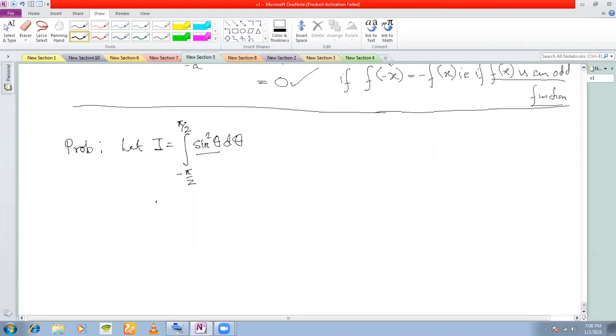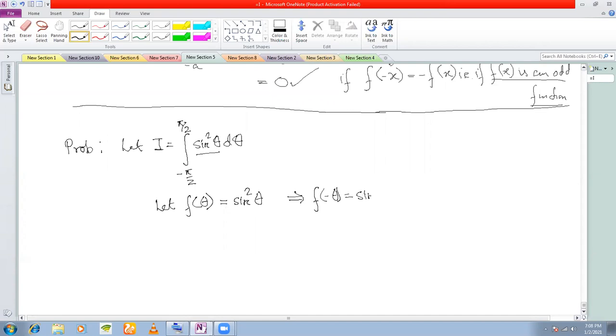Since sine square theta is a function in theta, let f(theta) be equal to sine square theta. Now let us check whether sine square theta is an even function or an odd function. So I take f(-theta). What is f(-theta)?